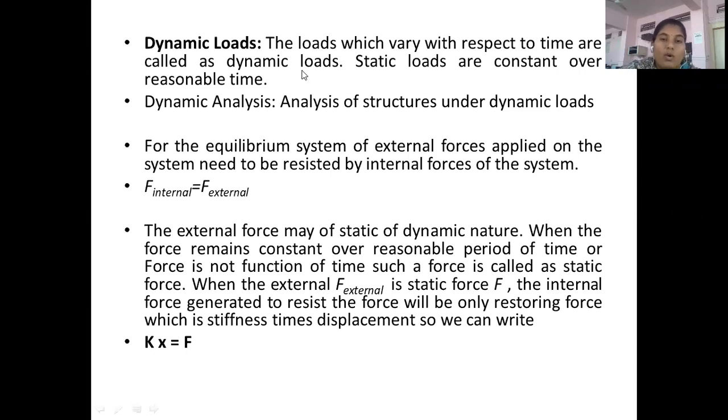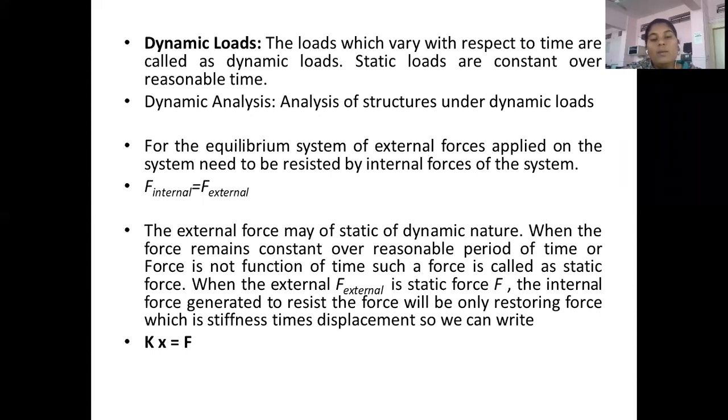I hope all of you have understood the concept of the restoring force and Newton's law which is applied on any system. Okay, so I request all of you, please write these two equations.